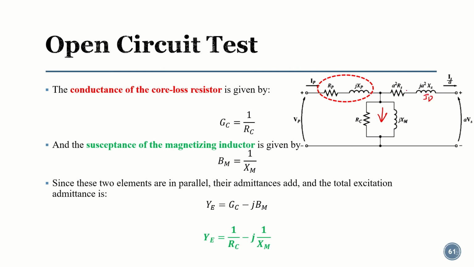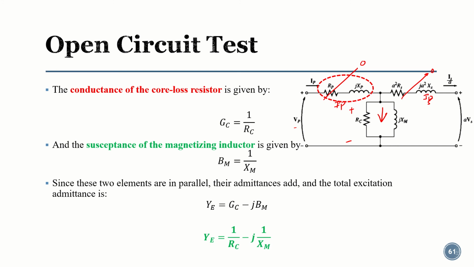Okay, the whole current is going here. This is 0, secondary current is 0, the primary current is almost 0, or we can say a very low value. So basically there is no drop here, there is no drop here. So all the voltage drop is also coming across this excitation branch, the parallel branch. And the whole current is also going to this branch.